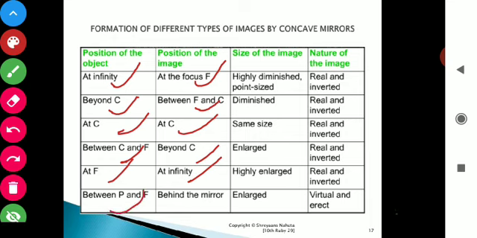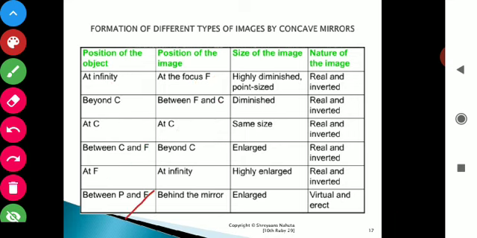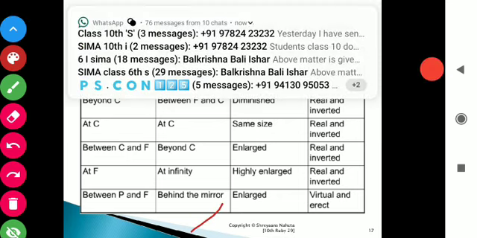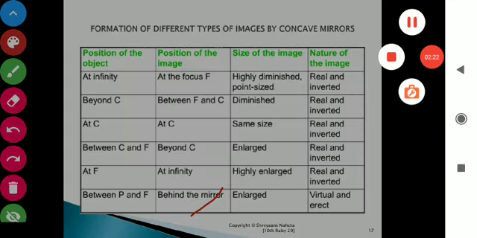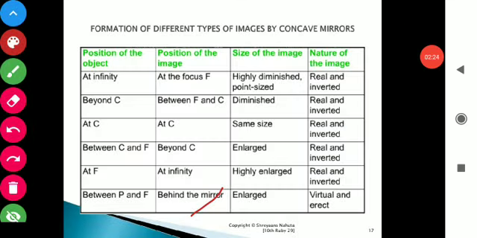Similarly, in the sixth case, we have the object between P and F, means between pole and the focus, and the position of the image is behind the mirror. So students, these are the positions of the images.